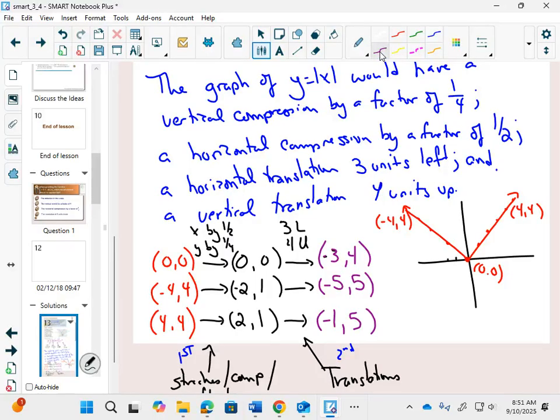On my graph, I'm going to label the points -3, 4, -5, 5, and -1, 5. So in this situation, I just need my original red graph, and I can draw my final purple graph all at once instead of drawing all the ones in between.